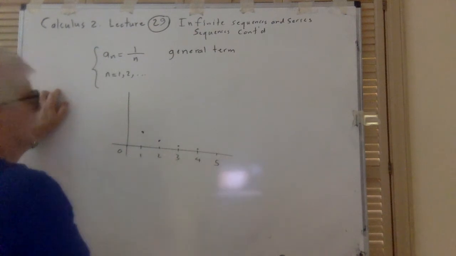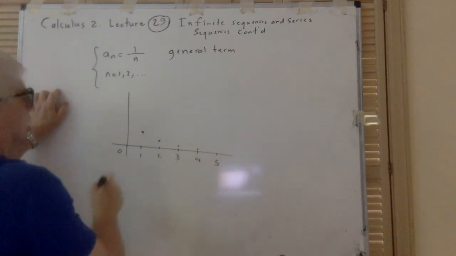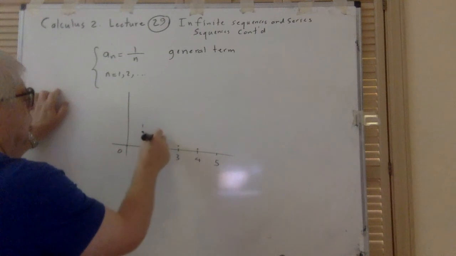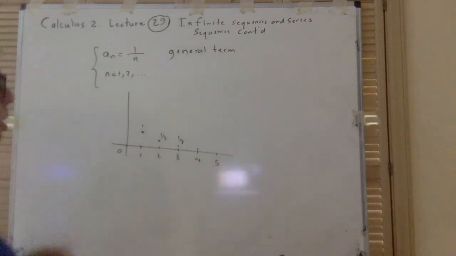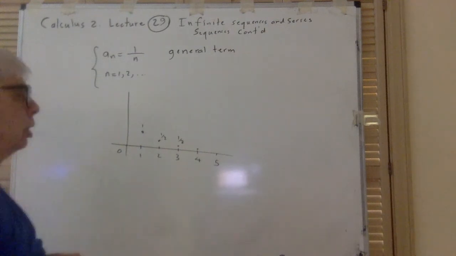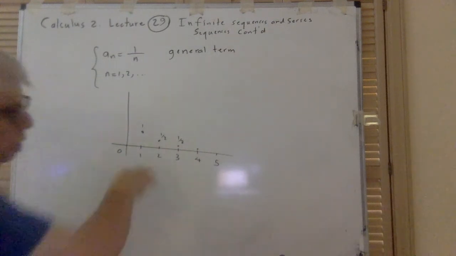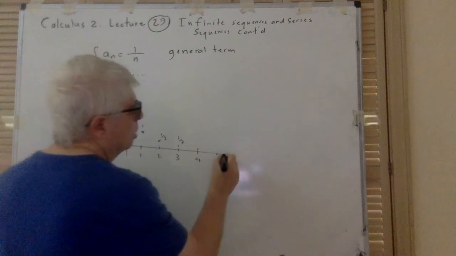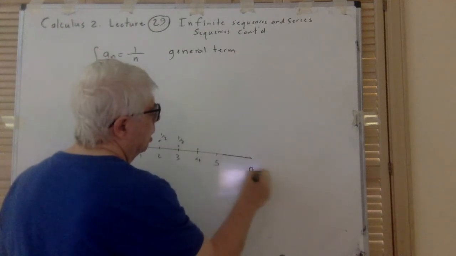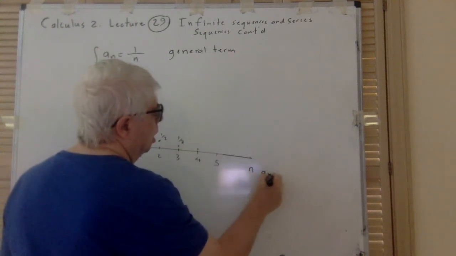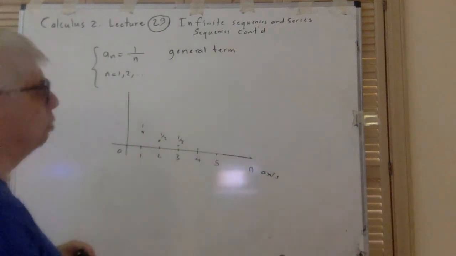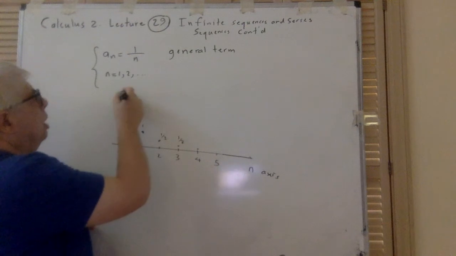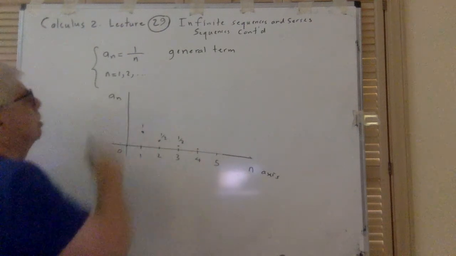And you can see that these points are getting closer and closer to the n-axis. We don't have anything in between, but we can call this the n-axis, like the x-axis, and this is like the a_n axis.